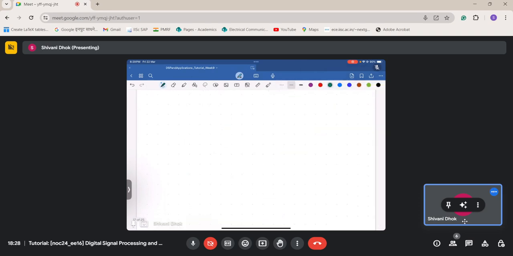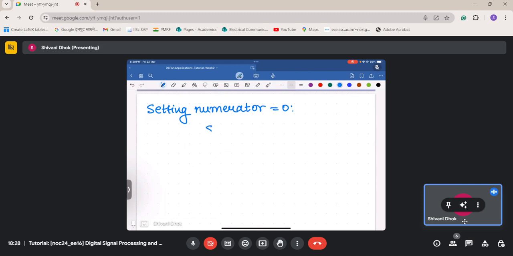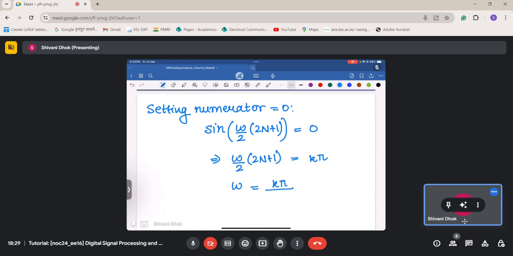Now let us set my numerator equal to 0. So the sine of omega by 2 into 2n plus 1 is equal to 0, which means that omega by 2 into 2n plus 1 is equal to some k pi, and this we can write as omega is equal to 2k pi upon 2n plus 1.